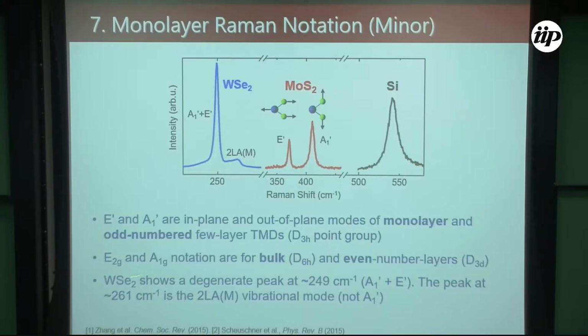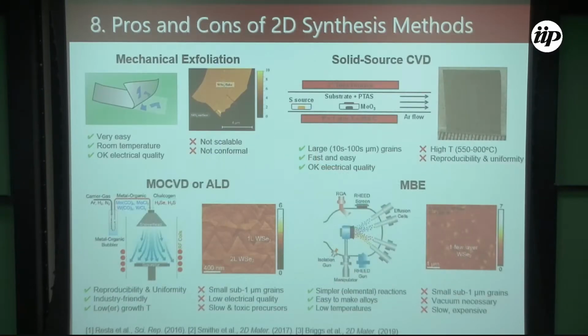And then the other thing the students told me is that WSe2 is a little bit more special too, because it has a degenerate peak, that's these two together, and then this little bump over here is actually twice the LA mode, the longitudinal acoustic mode along the M direction. So kind of a minor thing. The silicon peak is just shown there for reference, to see where these things are when we take measurements. I don't think it's a big deal if people call these things differently, as long as you know what they're referring to. So this is a really minor one.